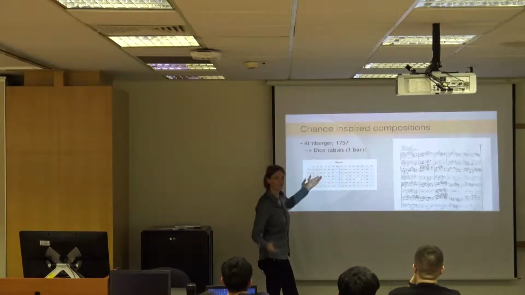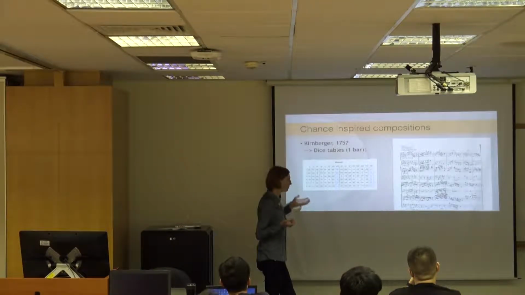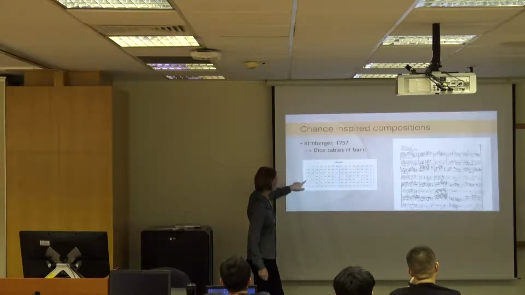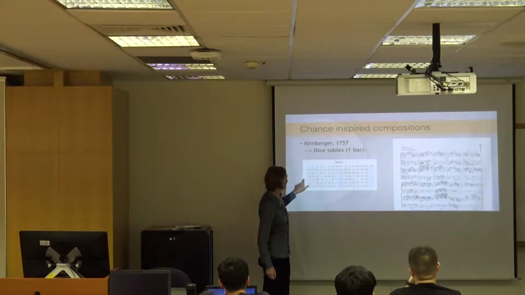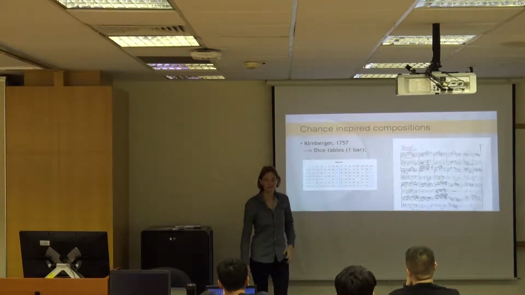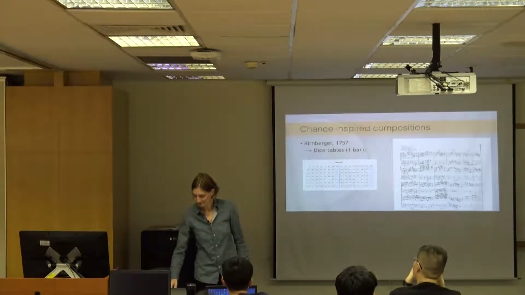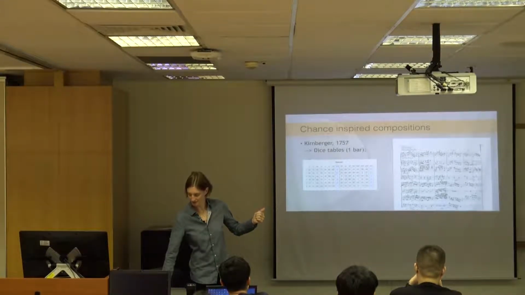You have a very naive version of a transition matrix, almost like a Markov model. And he says, well, if you roll this dice and you're currently at bar number 5, then switch to bar number 3. And you get to create a whole piece like that. I think I have an audio file just so you can hear how it sounds.